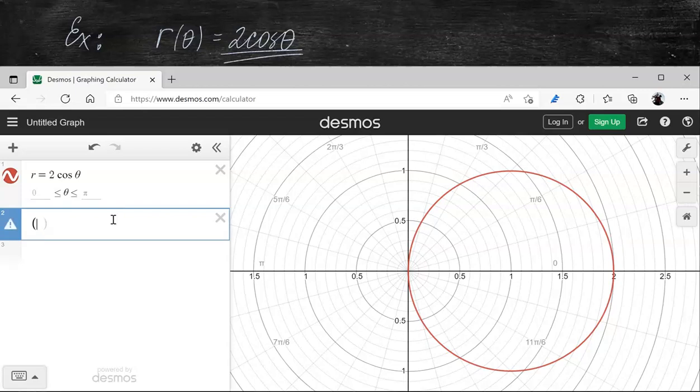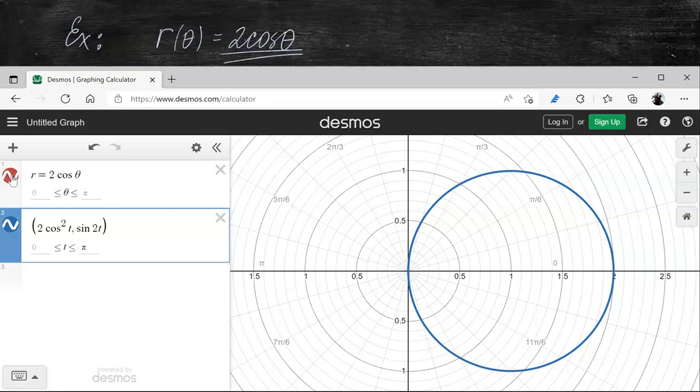So we had 2 cosine squared. Instead of theta, I'll be using the letter t here, and let's put a comma and sine of 2t. And notice how if we match the domain of t with the domain of theta in the original equation, we're going to get exactly the same curve.